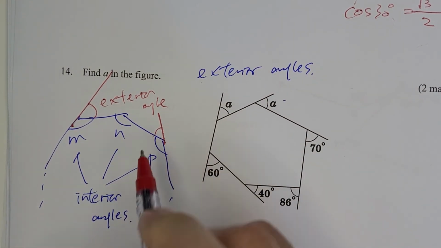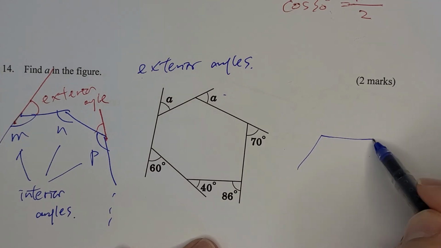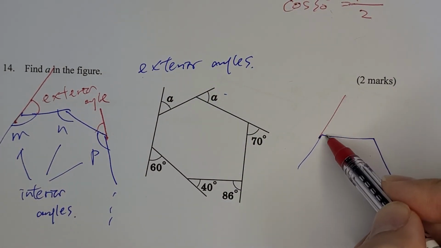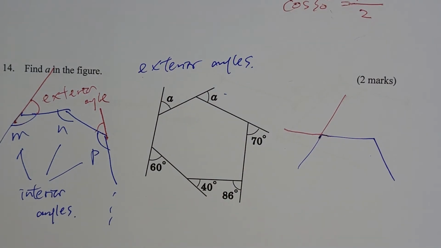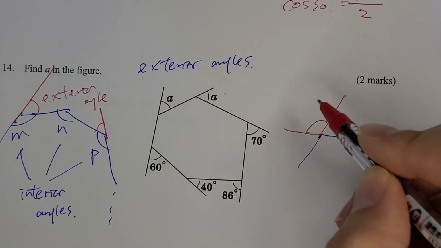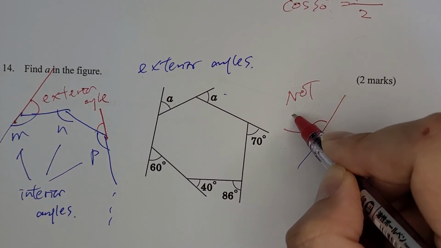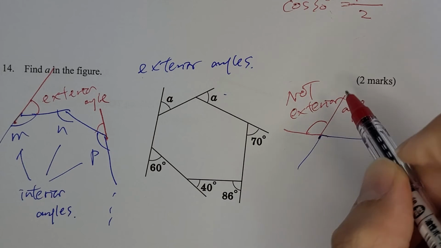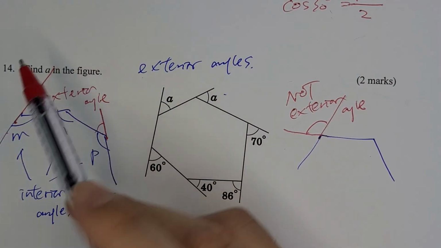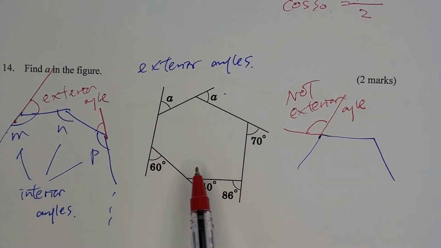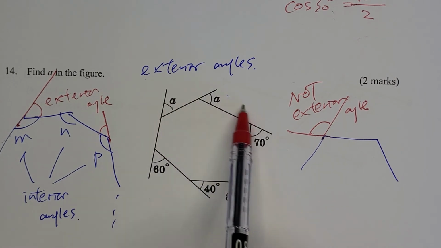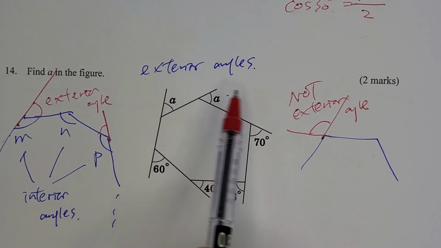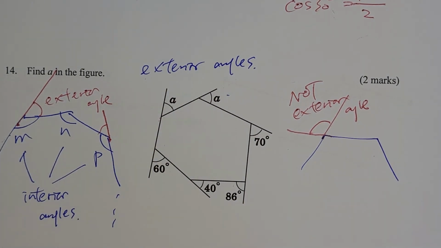Okay, but in this case, if you extend both, this one is not an exterior angle. The key point is you just need to extend one line. Okay, so you need to check. For all these angles, they just extend one line, so they are all exterior angles.